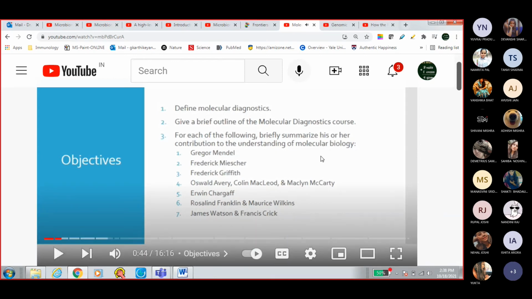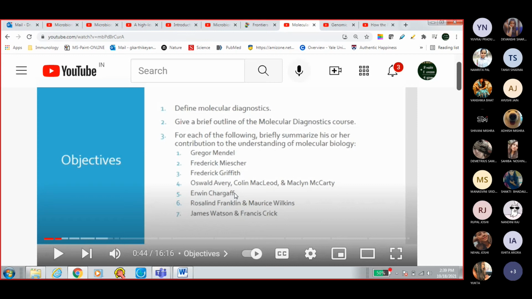This is something that I'm sure all of you know about: Gregor Mendel, Friedrich Miescher, Frederick Griffith, the transformation one, Oswald Avery, who showed that DNA is the genetic material, Chargaff for Chargaff's rule, right? Rosalind Franklin and Maurice Wilkins for deducing the X-ray crystallography of DNA, and James Watson and Francis Crick for elucidating the double helical nature.